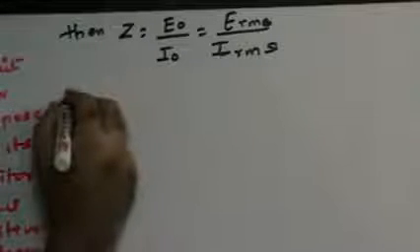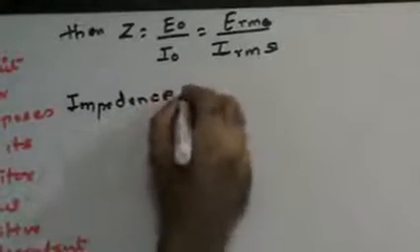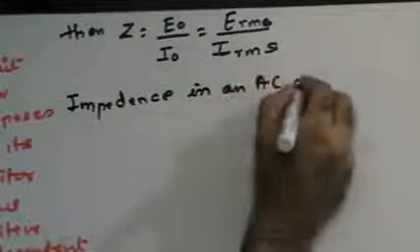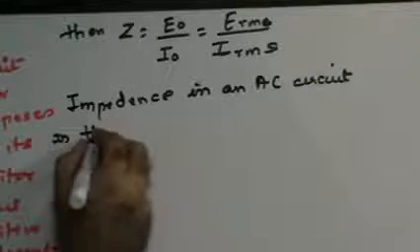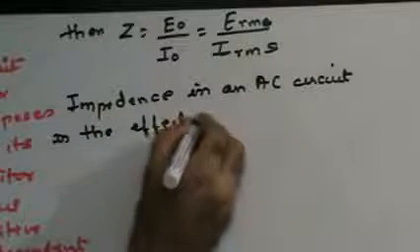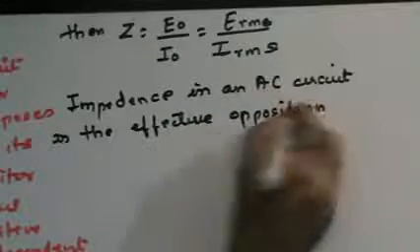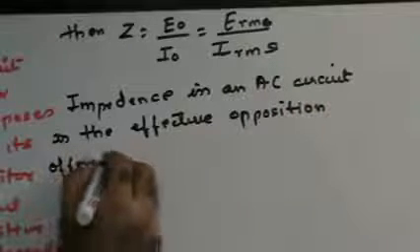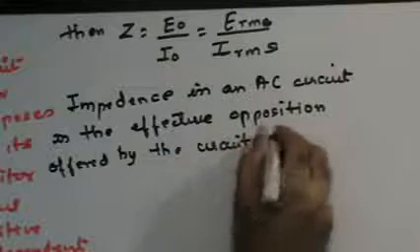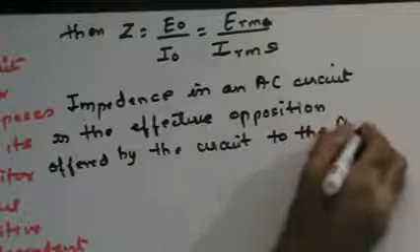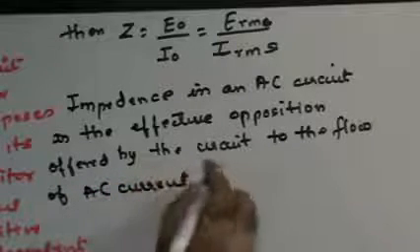Thus, how do I define impedance? I can say that impedance in an AC circuit is the effective opposition offered by the circuit to the flow of AC current. Right?